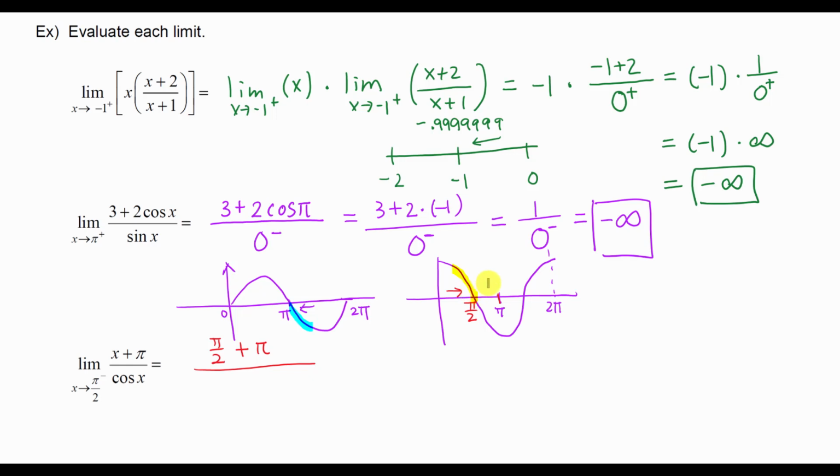So it will get closer to 0, but it will be a positive number. So pi over 2 plus pi gives you 3 pi over 2, over a positive very small number, which gives you positive infinity.